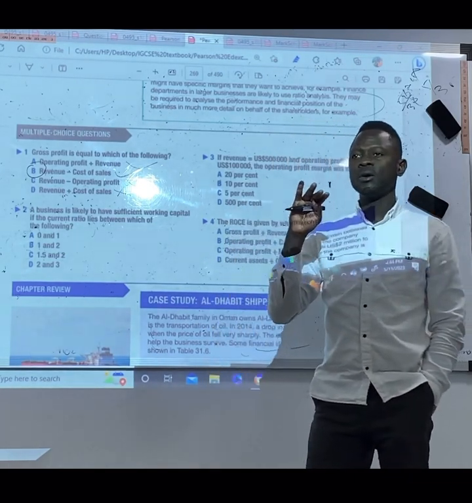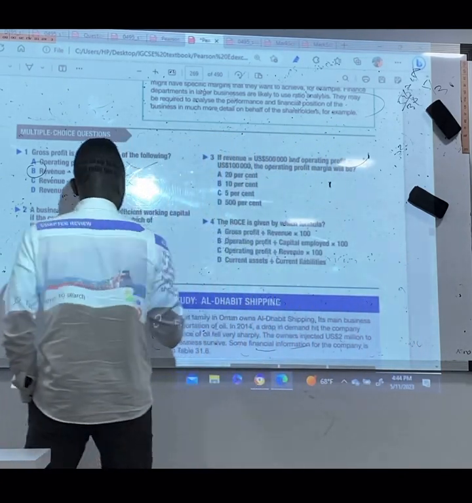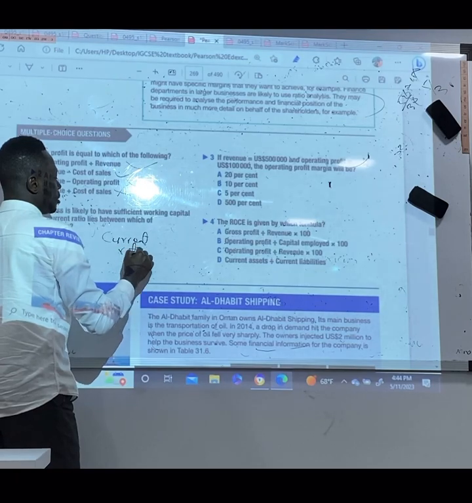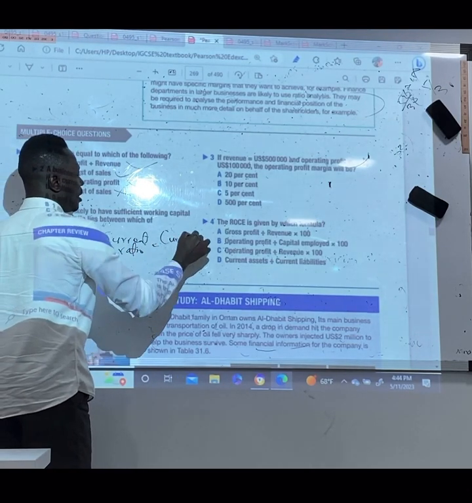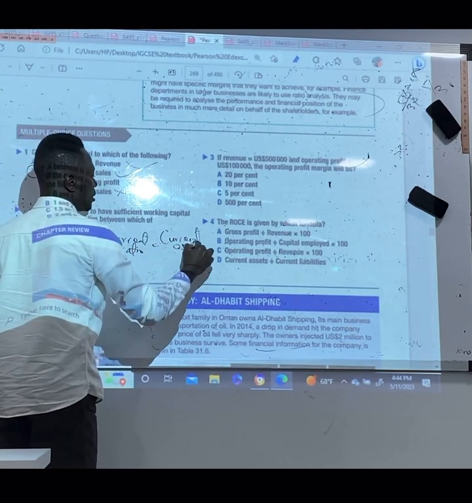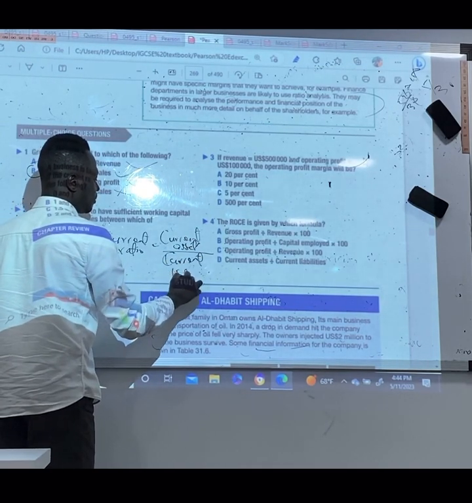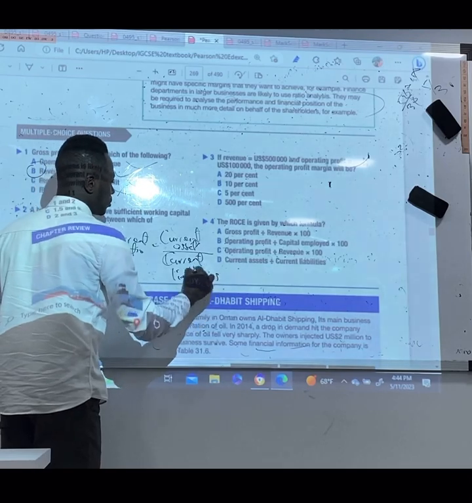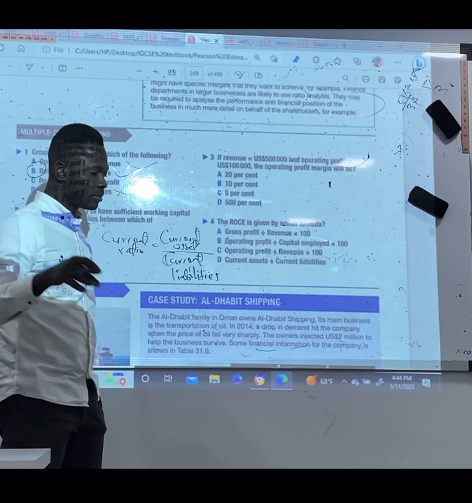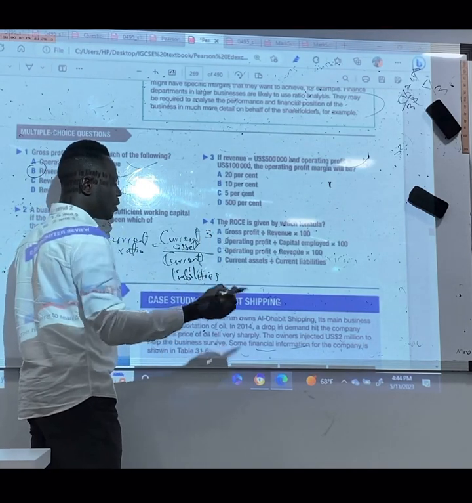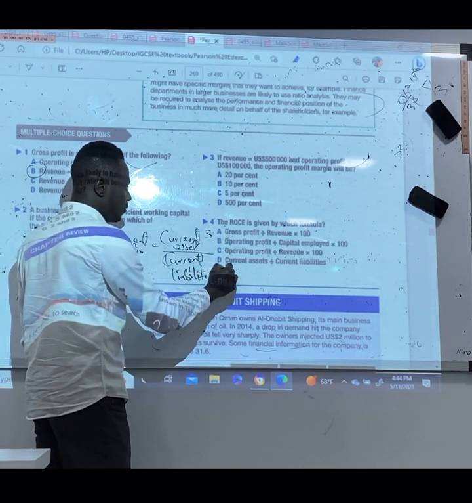Current ratio is current assets divided by current liabilities. So let's say your current asset is 3, your current liability is 4.